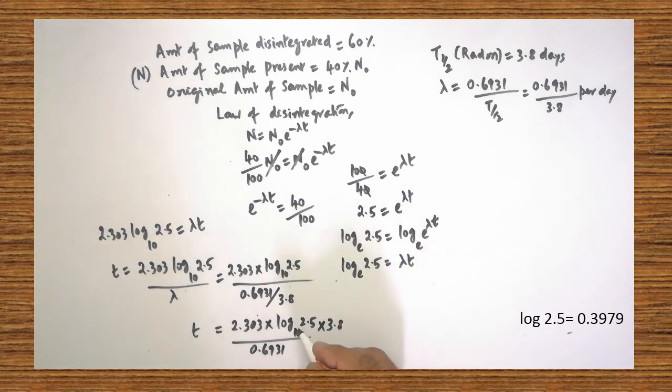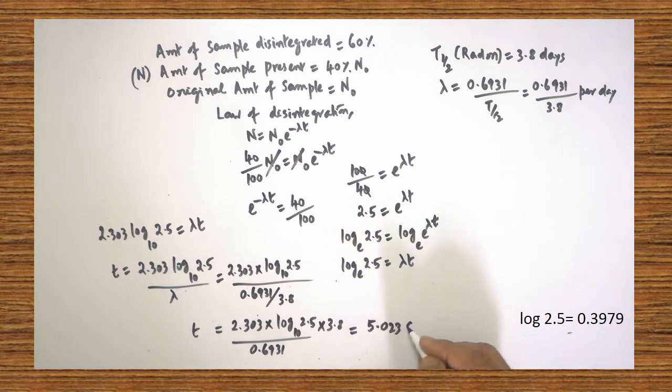From the log book, find out the value of log of 2.5 and calculate. Finally, the answer will be 5.023 days. So this is the final answer. What does this answer indicate? It indicates that the time required for 60% of the sample of radon to undergo decay is 5.023 days. Okay.